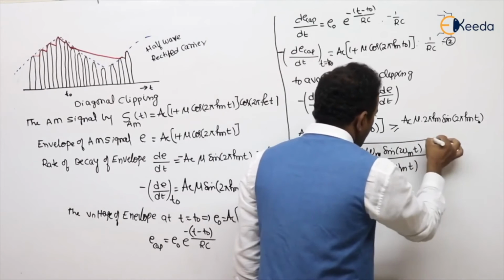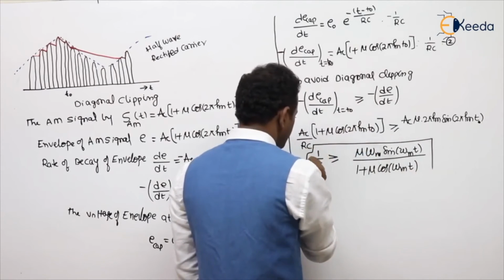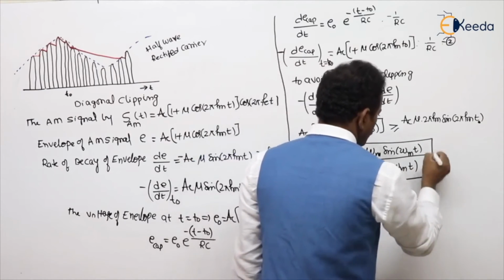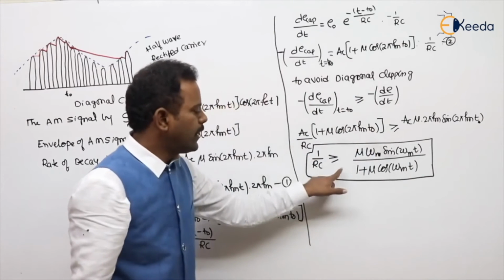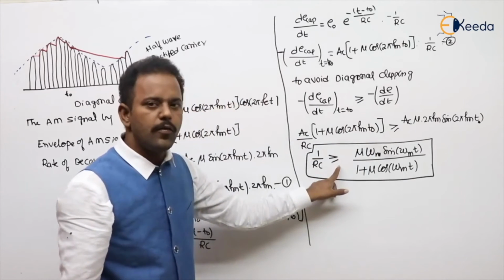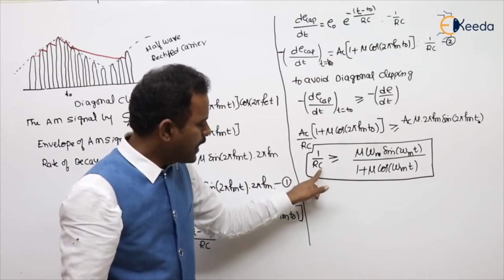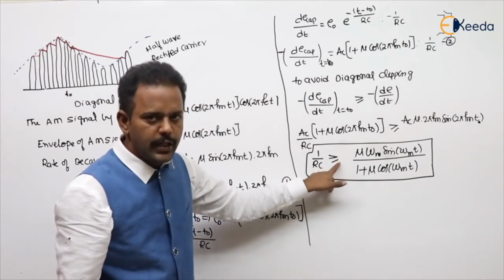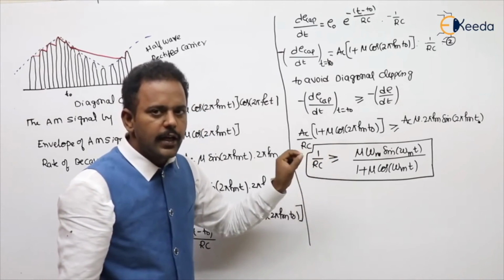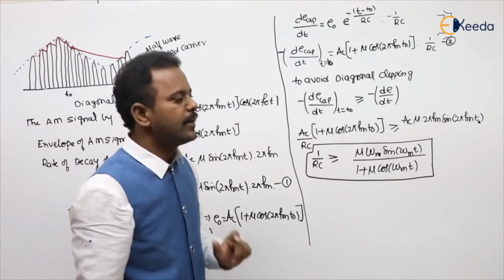This is one condition you will get at any instant of time t. If 1 by RC obeys this condition, then definitely there is no diagonal clipping.